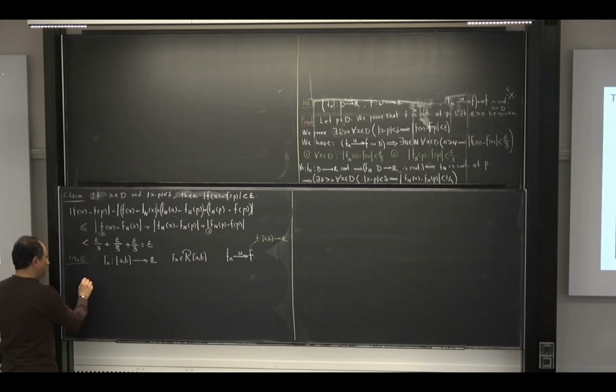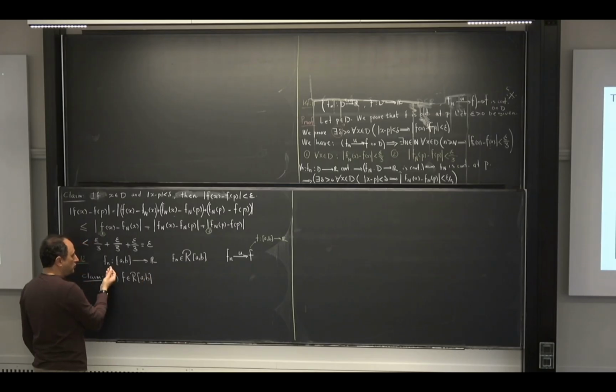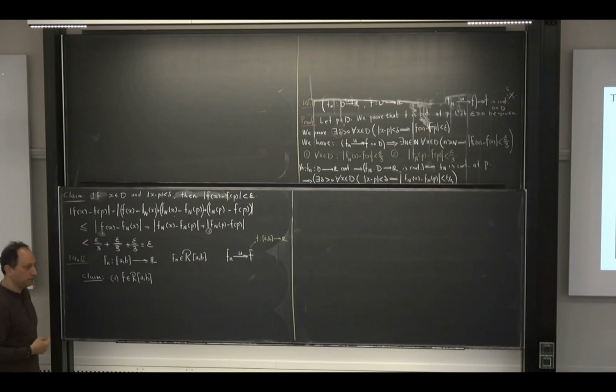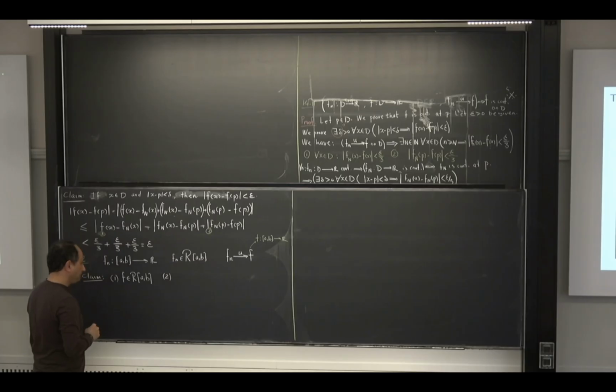So the claim is that this one is Riemann integrable. So if I have a sequence of Riemann integrable functions, and if they uniformly converge to a function, that function is also Riemann integrable. Okay, number two, we have something more for the formula.